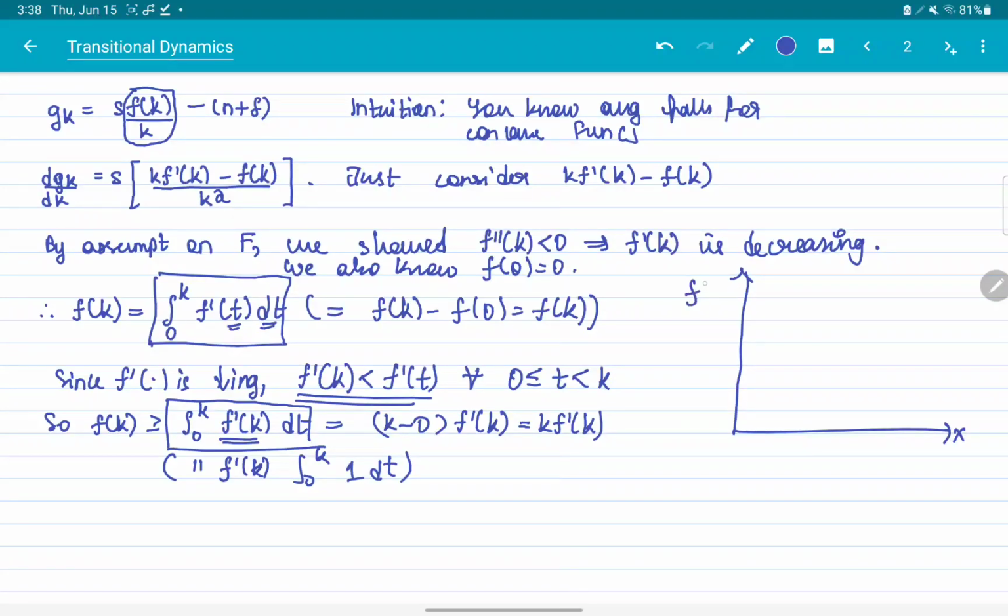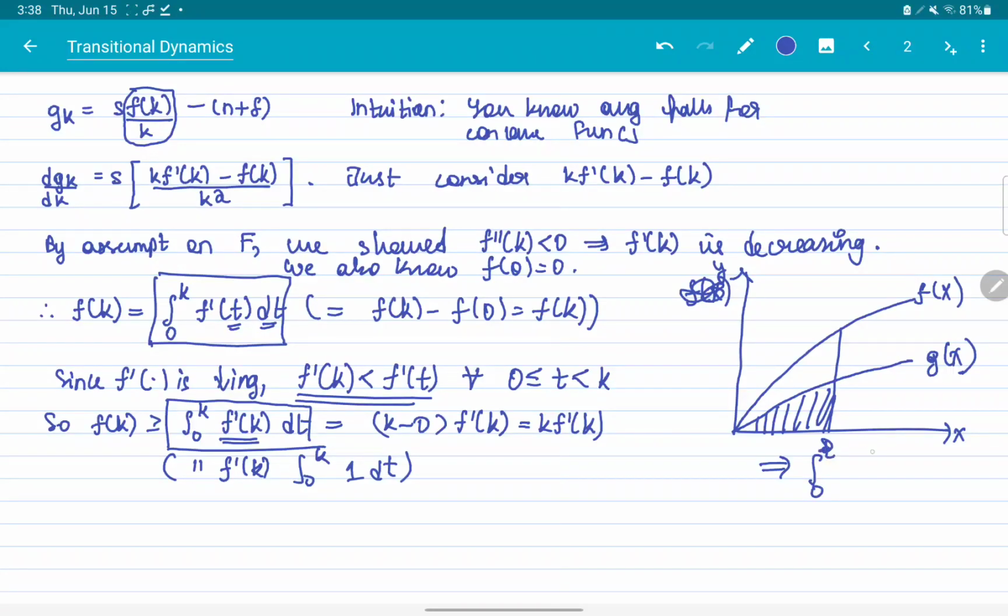Suppose f of x is greater than some other function g of x, then for any x, the area under g of x must be lower. So I would be able to write that the integral from 0 to z of f of x dx is greater than or equal to the integral from 0 to z of g of x dx. We have done something similar here, but with a constant function which is equal to f dash k.